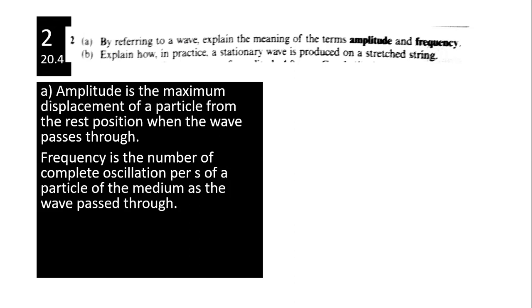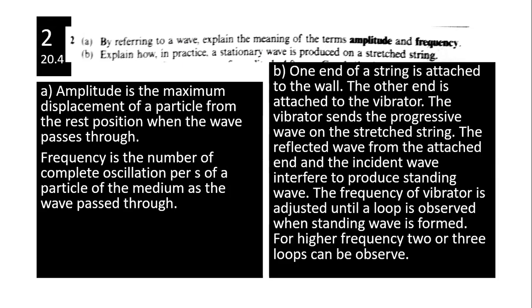And the wave profile of a standing or stationary wave does not move in the direction of wave propagation. How to produce it? Didn't ask you what is a stationary wave. Right? One end of the string is stretched.